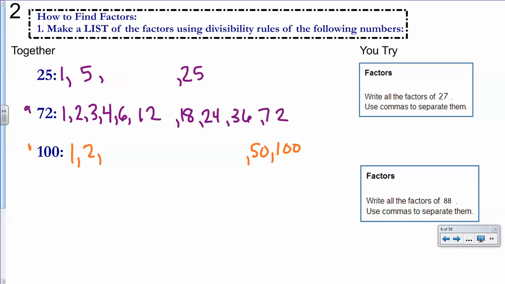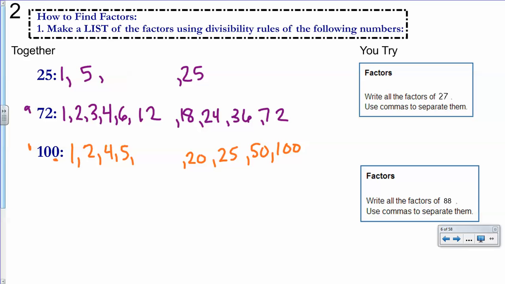Is 4 going to work? Well, I know that there's 4 quarters in $1. So I know that's going to work. 1, 2, 4. How about a 5? It ends in a 0, right? So 5 times 20. There's 5 $20 bills.